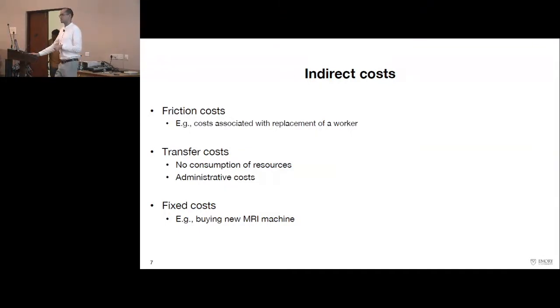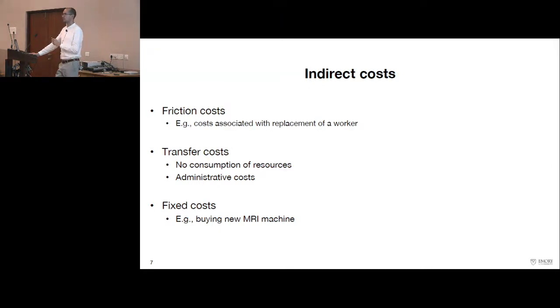Transfer costs, there are some administrative costs associated with changes in general. And finally, fixed costs could be an example of indirect costs. If the hospital needs to buy a new machine every now and then, that should be accounted for.